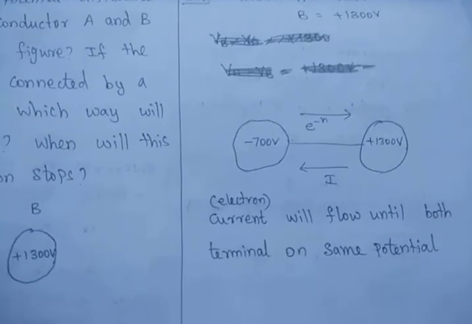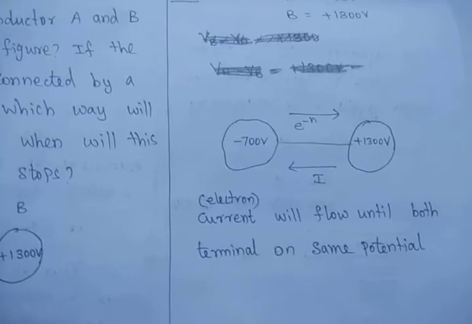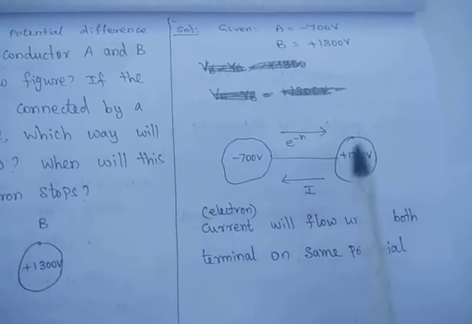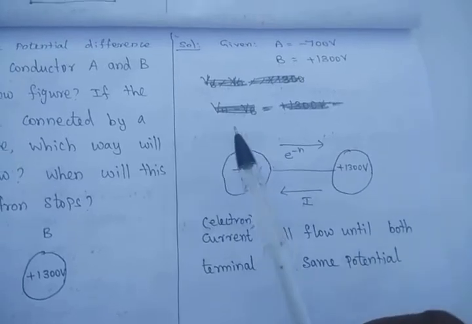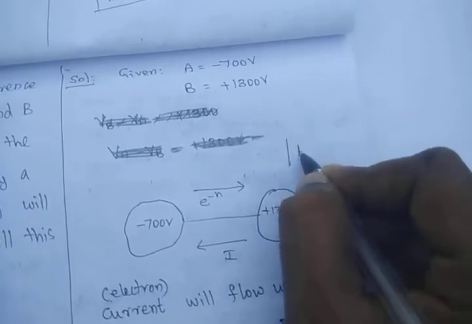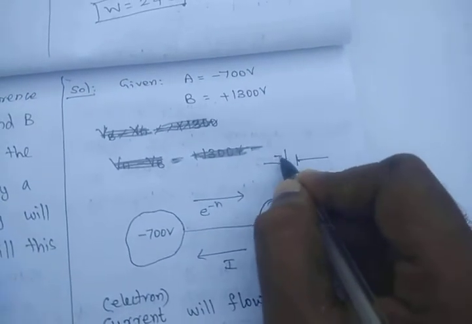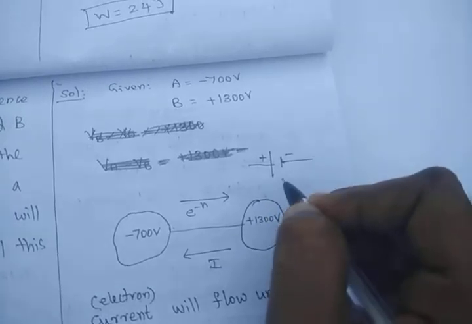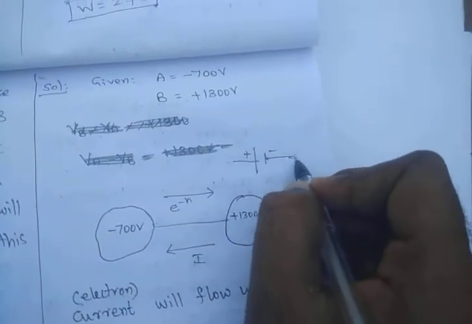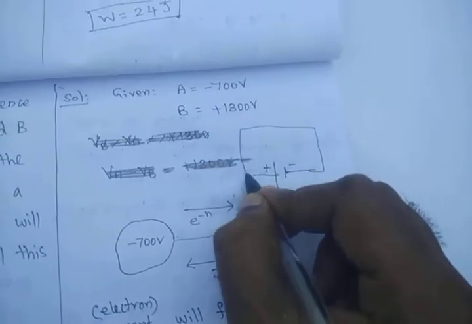Already many students ask one question: sir, does the electron flow from high potential to low potential or low potential to high potential? Very simple. In a circuit there is a battery. The battery positive is the high potential terminal, the other is the low potential terminal. The electron will flow from the negative terminal to the positive terminal.